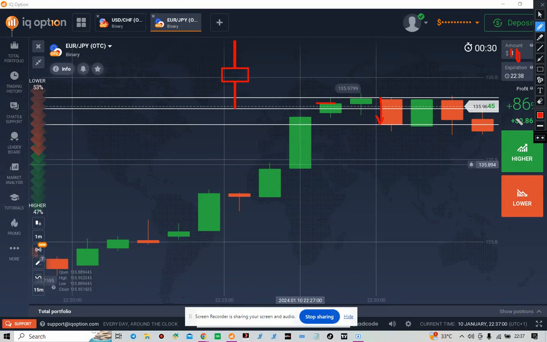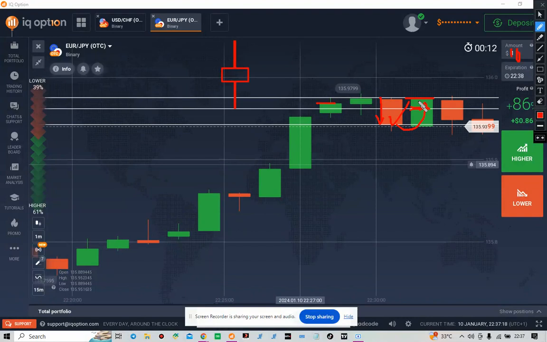I might win something like $8.6. So I have already won this trade. Okay. But if I see that the next candle forms and closes as green inside these two zones, I will enter sellers on the next candle.